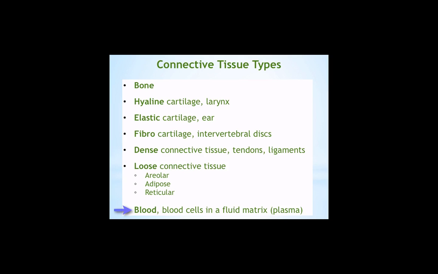And then the final one is blood. Now, all connective tissues have cells located in a matrix. In the case of blood, the matrix is fluid, and the cells are the blood cells.